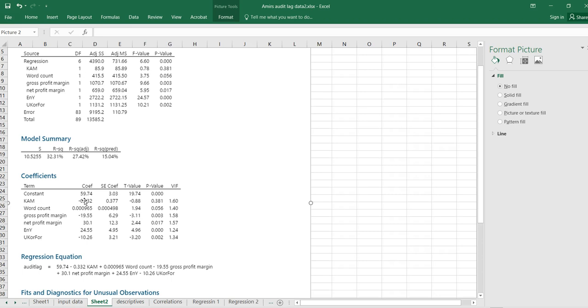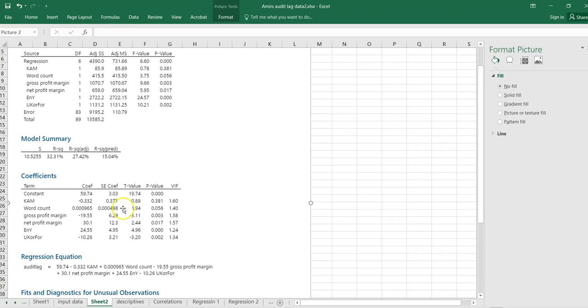That's why it's important when formulating your question to do it very carefully, so that if it's not significant, that's interesting. If it's significant, that's also interesting. So it's got to be interesting in both directions. So the KAMs, good reasons to expect why that might produce a lag, but apparently it's not significant.